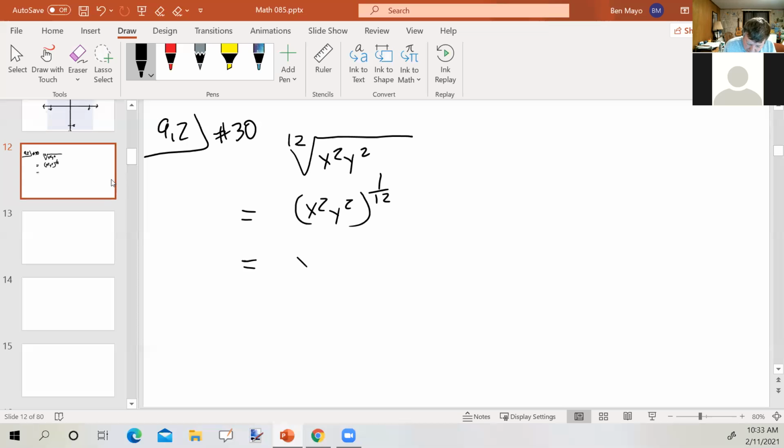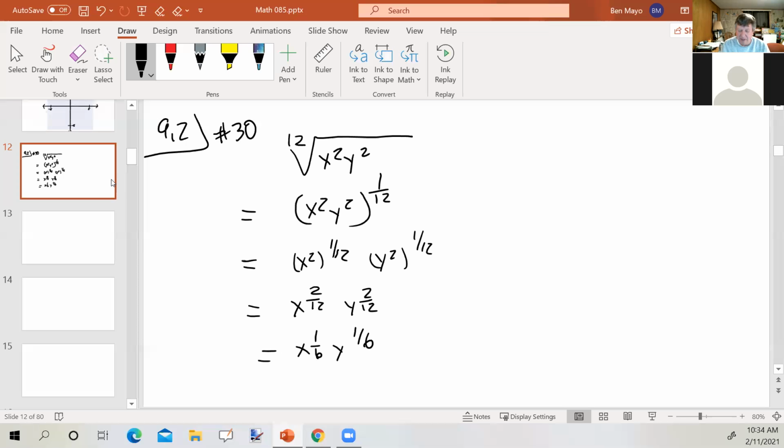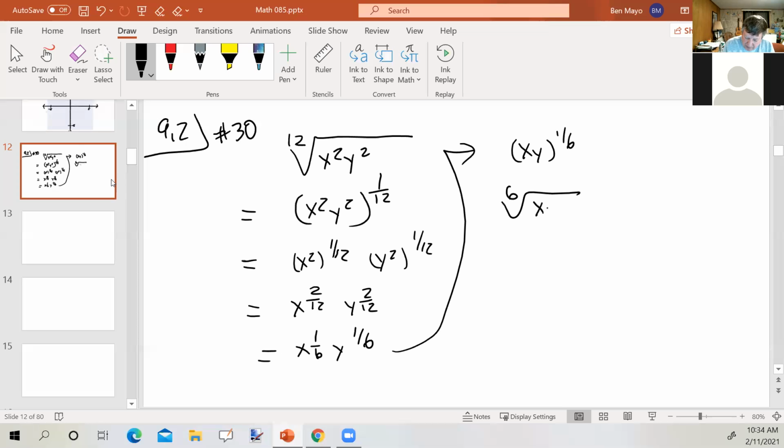So that would become x squared to the 1/12th, y squared to the 1/12th, which is x to the 2/12ths, y to the 2/12ths, which is x to the 1/6, y to the 1/6, and then put it back in radical form. So I'm going to go back up here. We could write that as xy to the 1/6, which would then become the 6th root of xy.